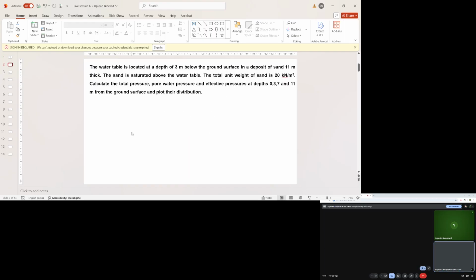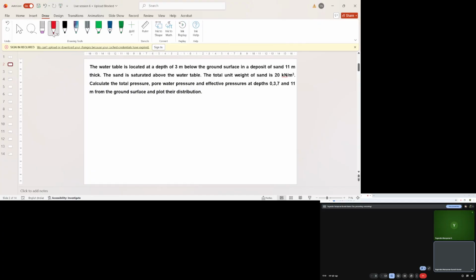So, going into this session, the fifth question. The water table is located at a depth of 3 meters below the ground surface in a deposit of sand. The guide to solving this type of problem is always to try to convert the text into figures. So let this be the ground surface.